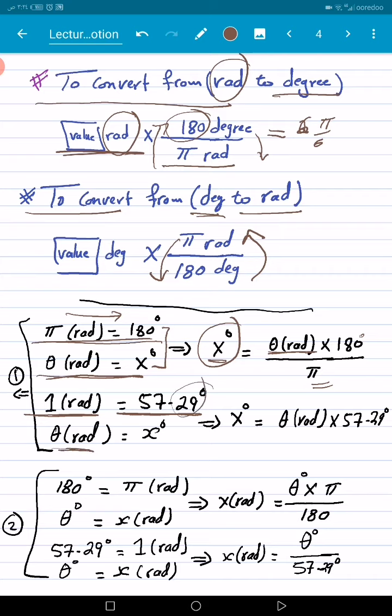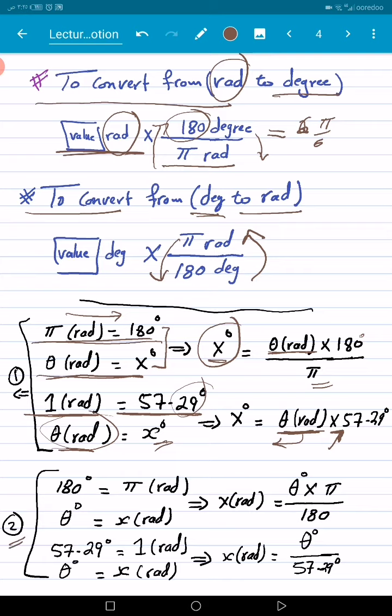So how much is the degree when I give it in radians? So just put the radians that you want to convert and multiply it with the 1 radian equivalent. That is another way.